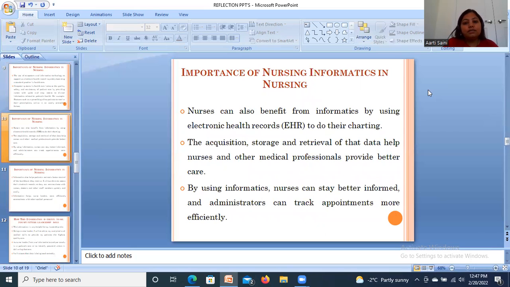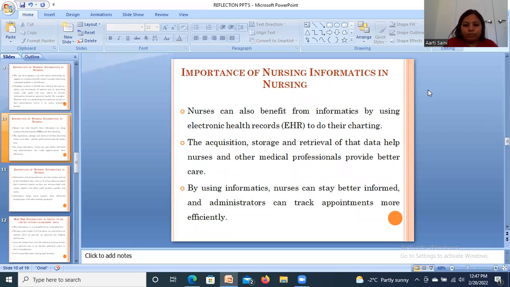Now further, nurses can also benefit from informatics by using electronic health records to do their charting in the clinical area. The acquisition, storage, and retrieval of that data help nurses and other medical professionals to provide better care to their patients.